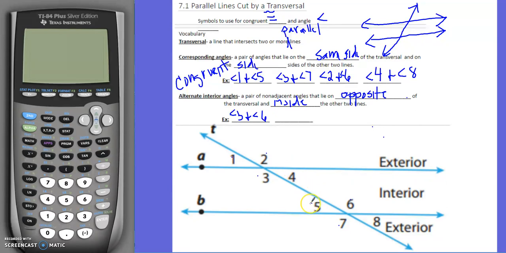They're on opposite sides of the transversal, but they're both inside the parallel lines. Alternate interior angles are also congruent. They are the same. 3 equals 6 and 4 equals 5. All right, let's go to the next vocabulary word.